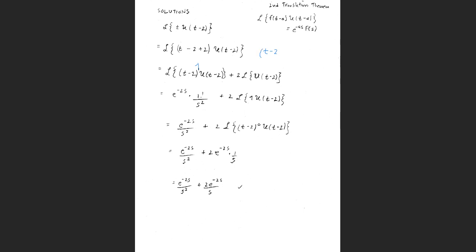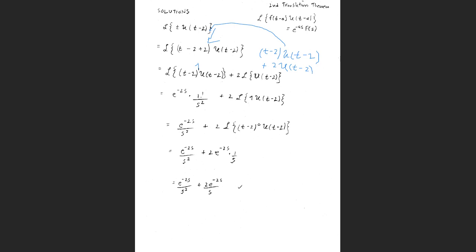So I think you'd agree that t minus 2 times the unit step function plus 2 times the unit step function. The unit step function is a common factor, and so you could write it like that there. All right, very good. That makes sense.